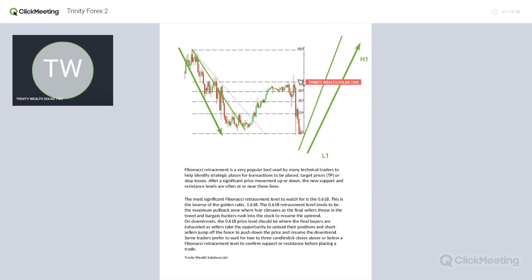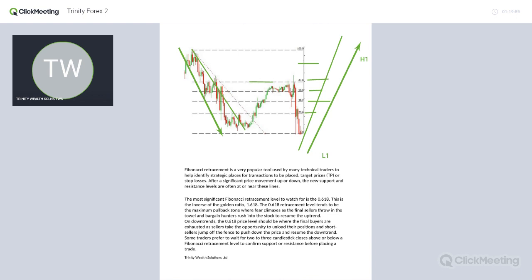So you draw your Fibonacci tool from down here, going up. And then all these ratios are generated. We have 23.6, then 38.2, 50%, 61.8, and 78.4 should be somewhere here. It can be 78.4 or 76.